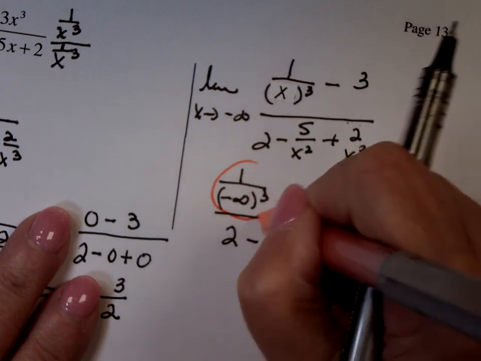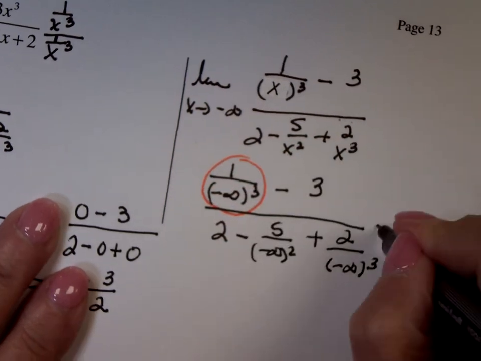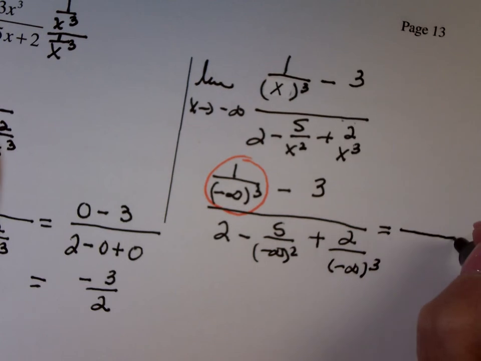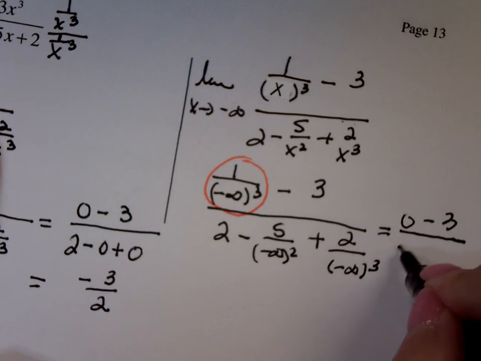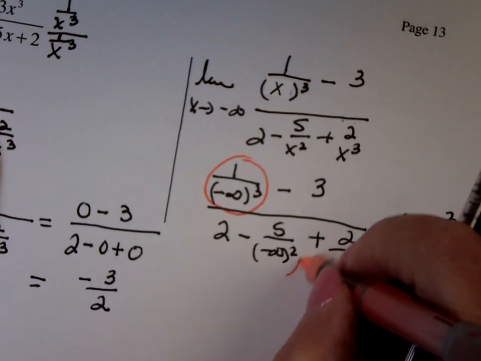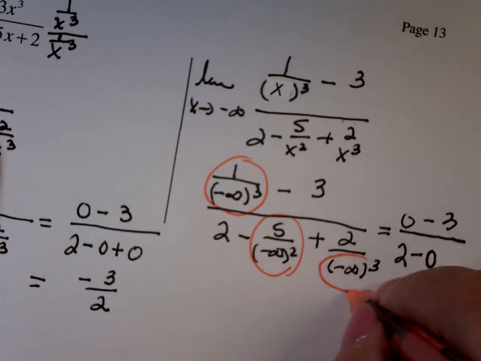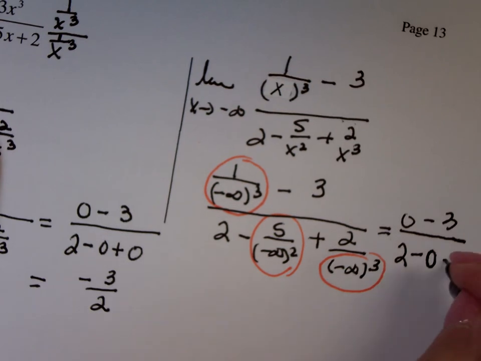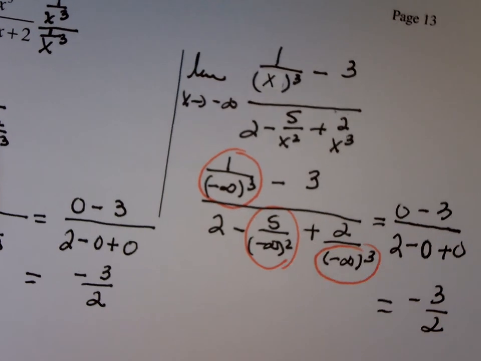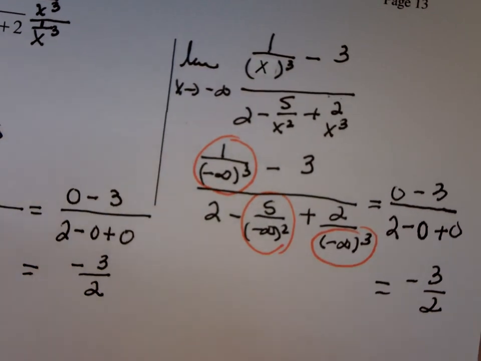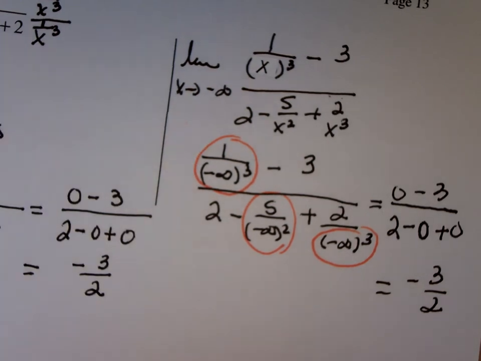What's this guy? 1 over negative infinity cubed. 0. 2 minus 5 over negative infinity squared. And 2 over negative infinity cubed. So it's negative 3 halves. So that says as x goes to negative infinity, y goes to negative 3 halves.